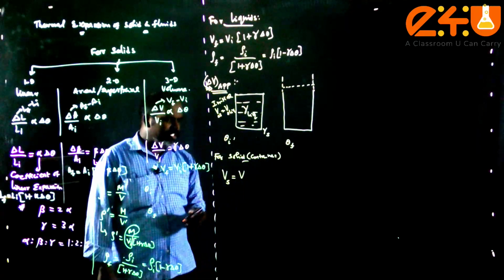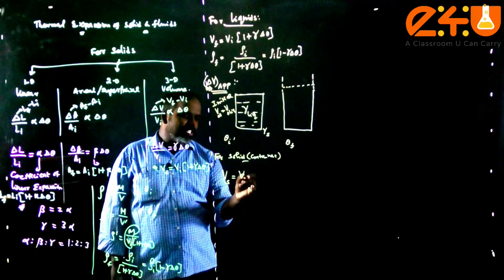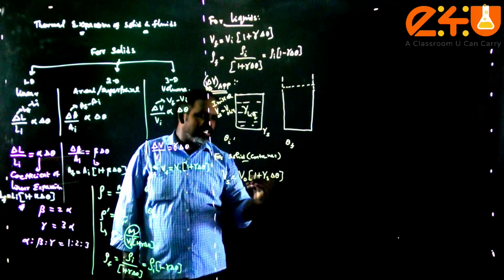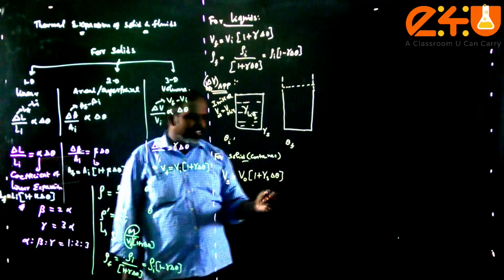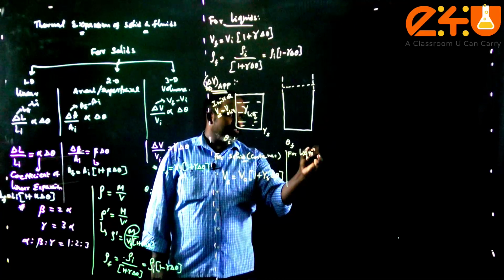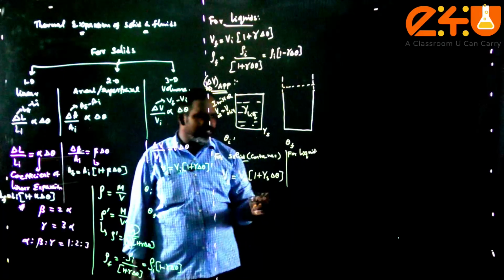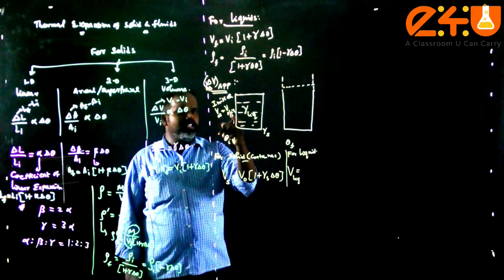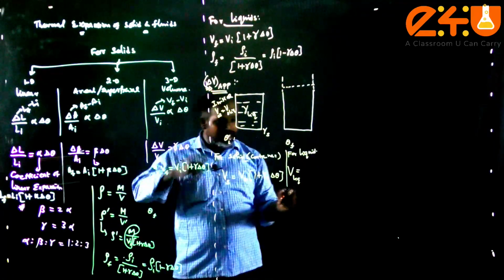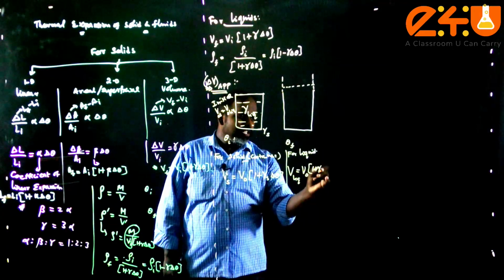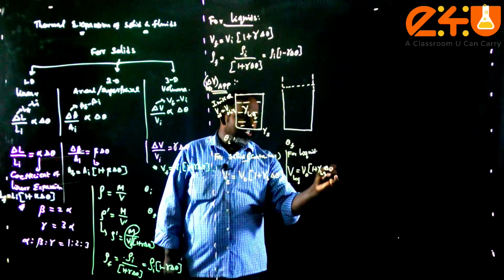Therefore, V solid is V naught into 1 plus gamma solid delta theta. For the liquid we can write the same expression: V liquid is V naught into 1 plus gamma liquid into delta theta.